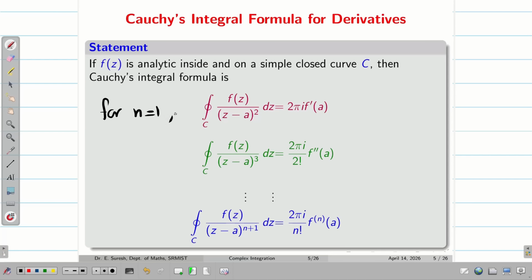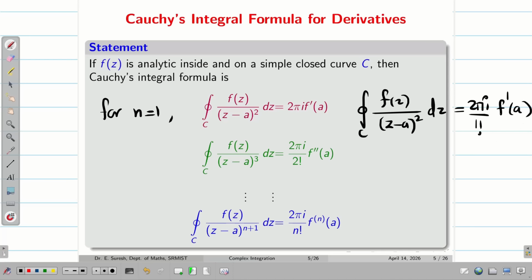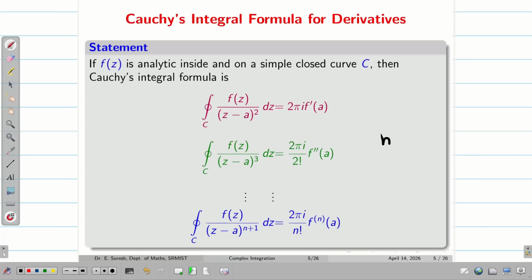For n equal to 1, we get integral over C f of z divided by (z minus a) whole square dz equal to 2 pi i divided by 1 factorial into f dash of a. Since 1 factorial is simply 1, we write this as 2 pi i into f dash of a. When we substitute n equal to 0, then we get our Cauchy integral formula.